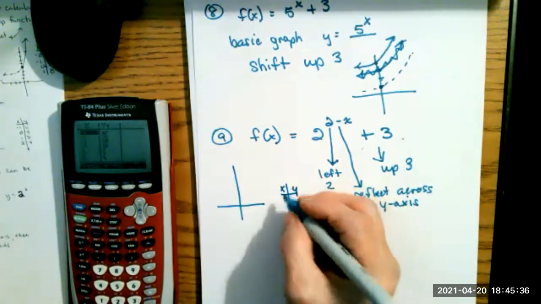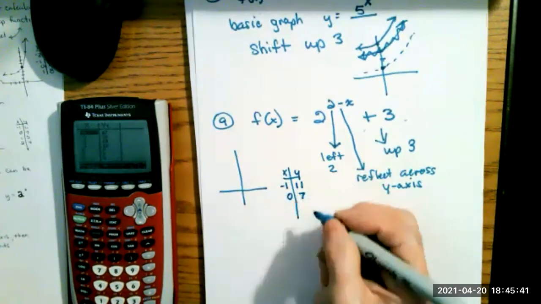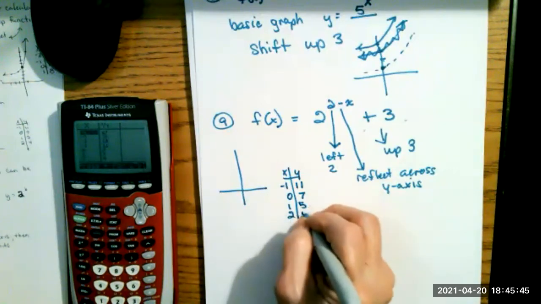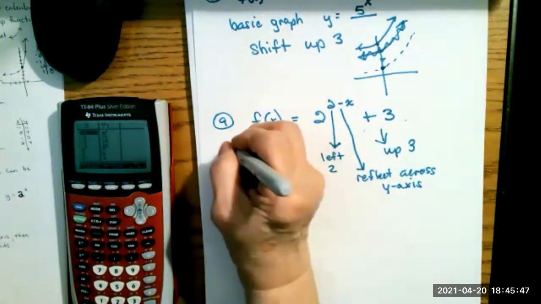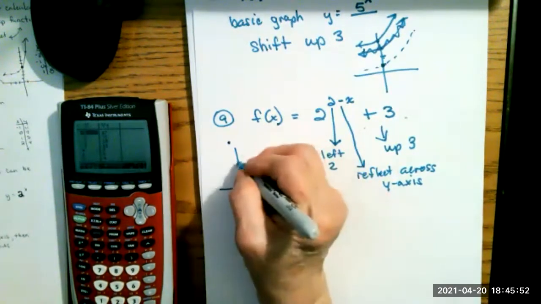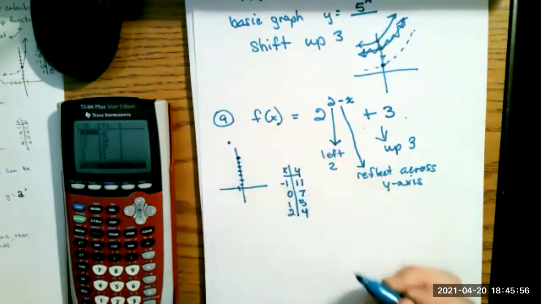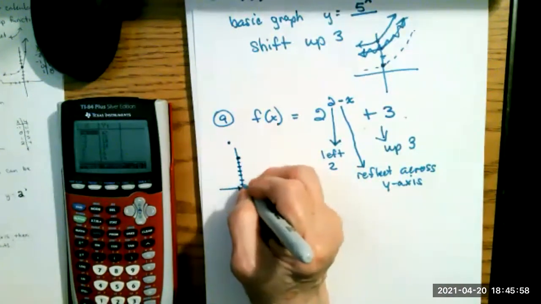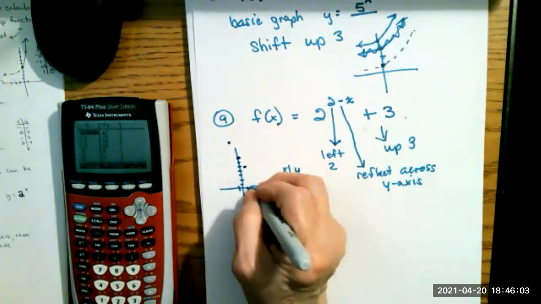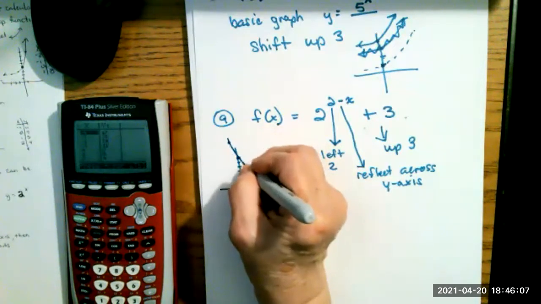But -1, 11 I could probably do. 0, 7 I could probably do. 1, 5 and 2, 4 are not bad ones. -1, 11 is way up there. 0, 7. 1, 5. And 2, 4. That gives me an idea of how that comes in.